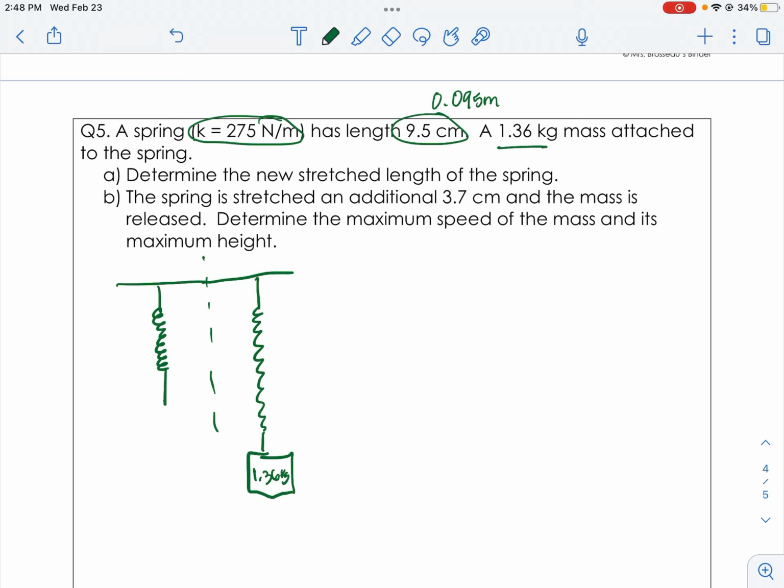So in this situation, we know that the force of gravity down is equal to the force of tension up from the spring.